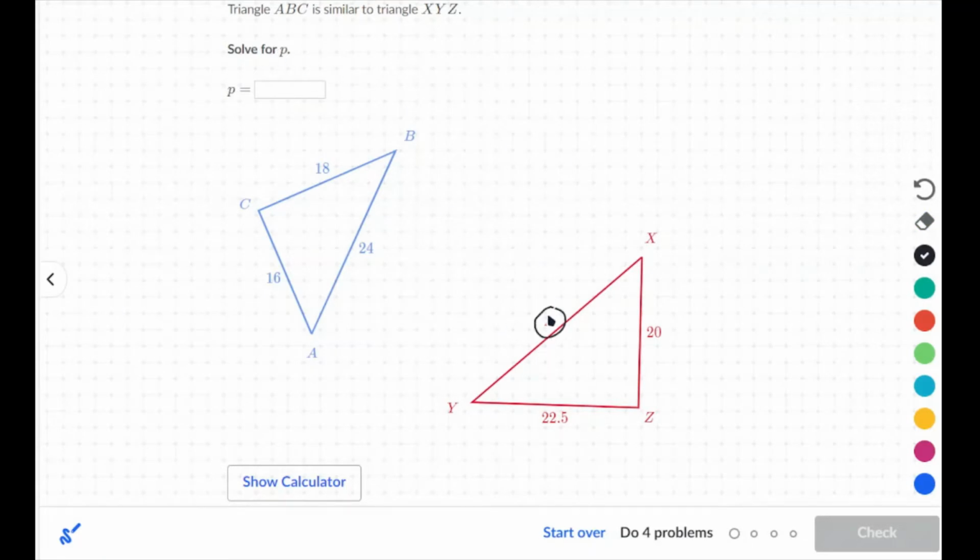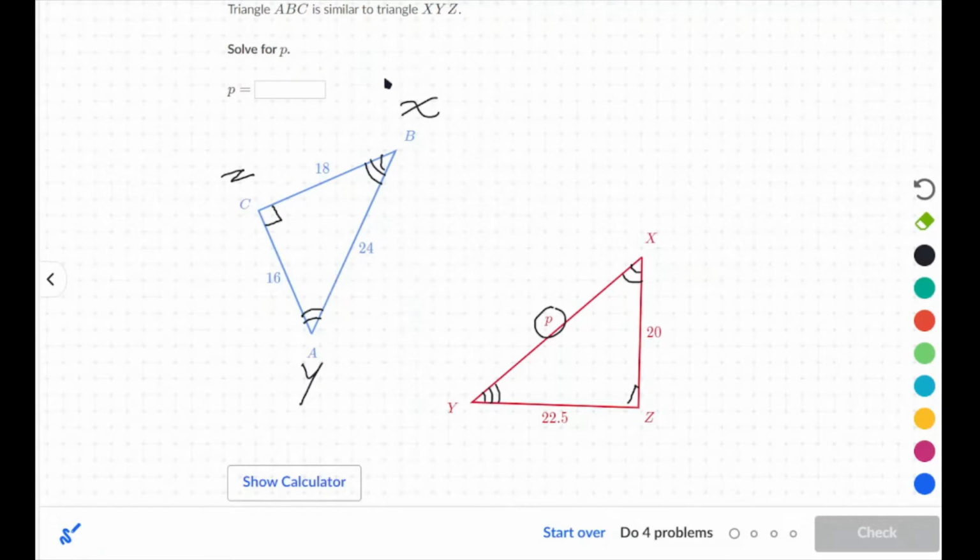Well, how are we gonna solve for P when all of the sides are different? See, remember the angles that we just said? Angle Y equals angle B. Angle X equals angle A. And angle Z equals angle C. So Z is supposed to be right there.